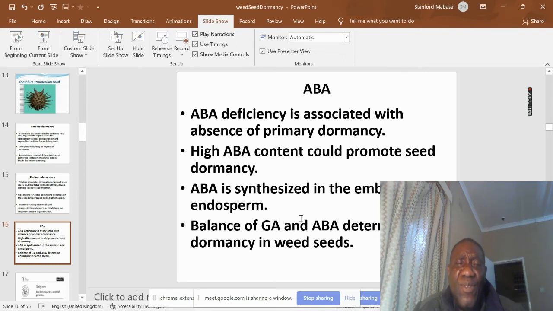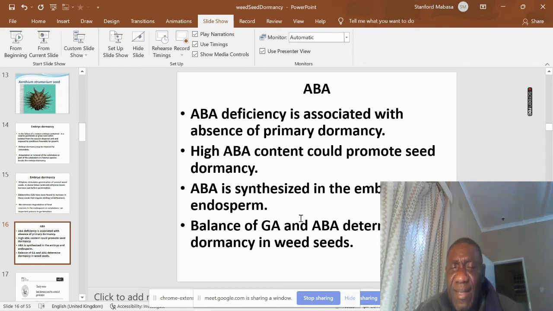But high ABA content could actually promote seed dormancy. ABA is synthesized in the embryo and the endosperm.